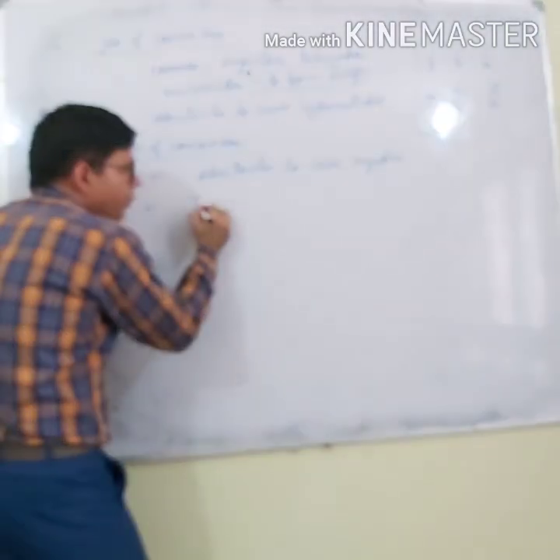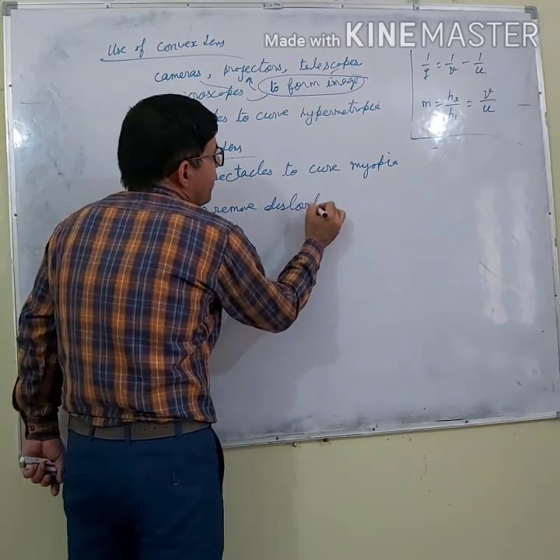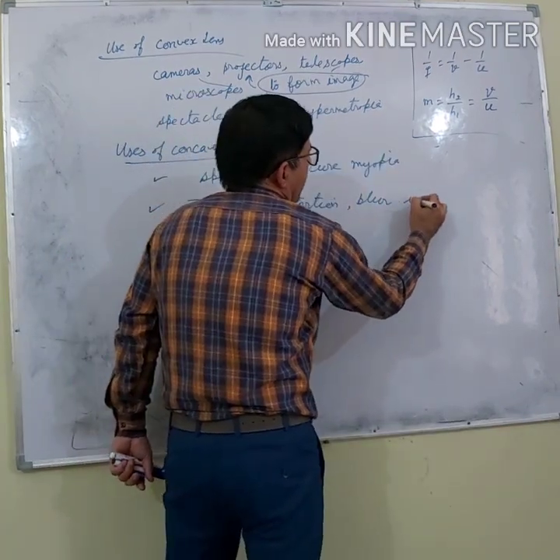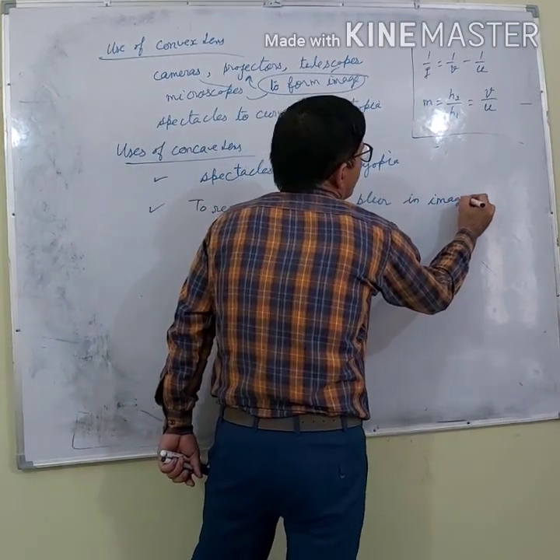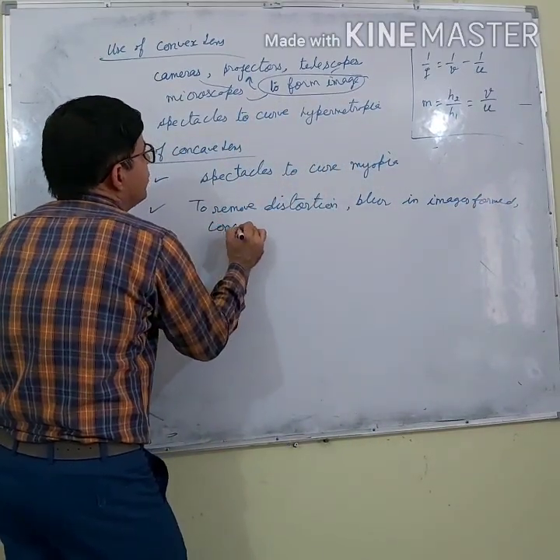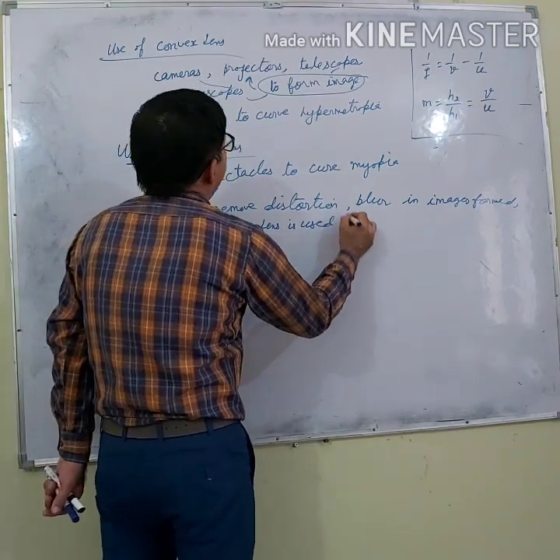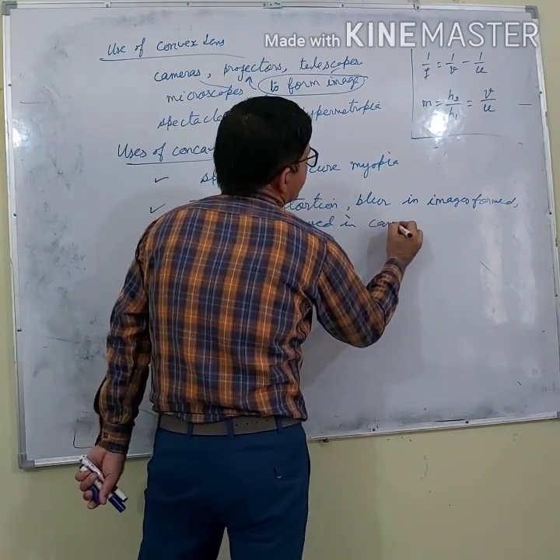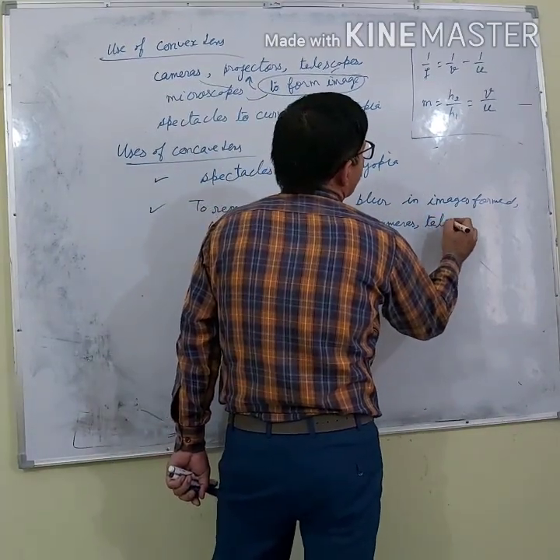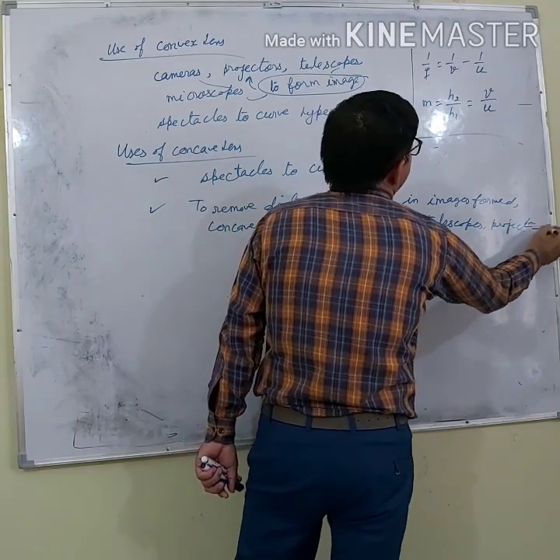So, to remove distortions, blur in images formed, concave lens is used. Concave lens is used in cameras to get more clear image, telescopes, projectors, etc.